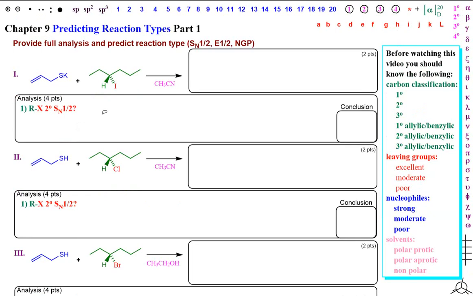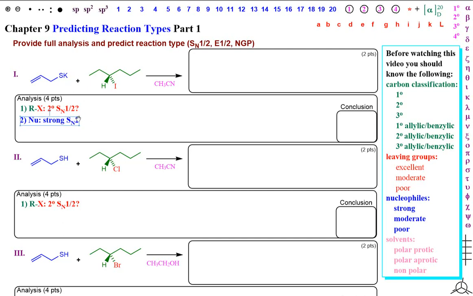The nucleophiles are in blue on this page, and this category of S with an anion is a strong nucleophile. Strong nucleophiles favor the bimolecular reaction where the nucleophile is actually involved in the rate-determining step.